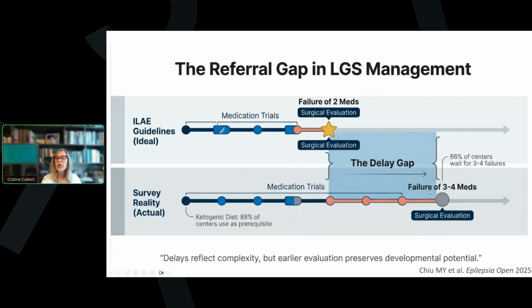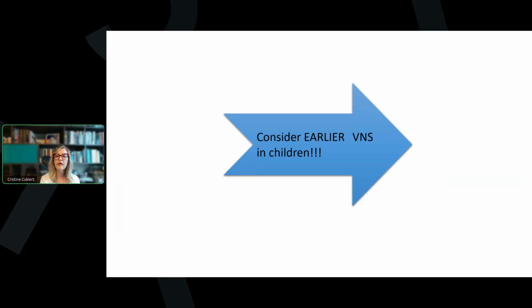They go through 3 to 4 medications before. So I think we have to refer these patients much earlier for surgical evaluation. So consider earlier VNS, especially in children.